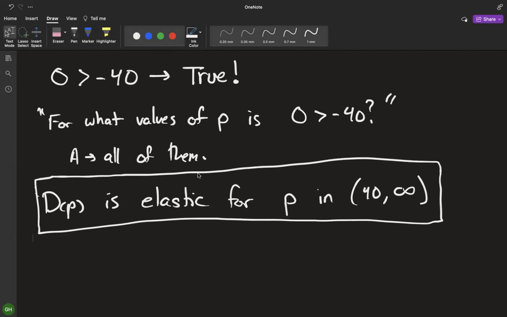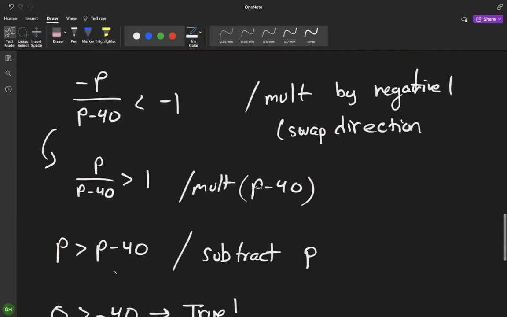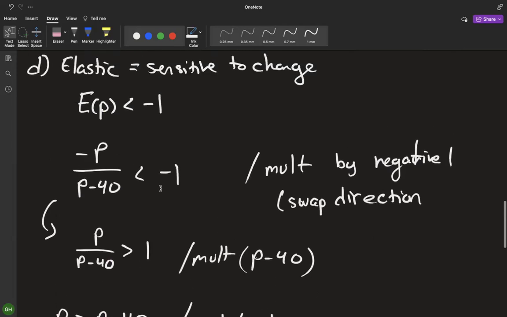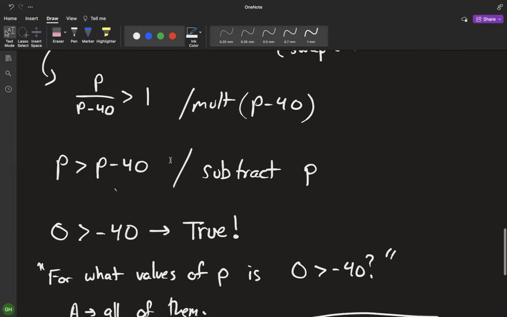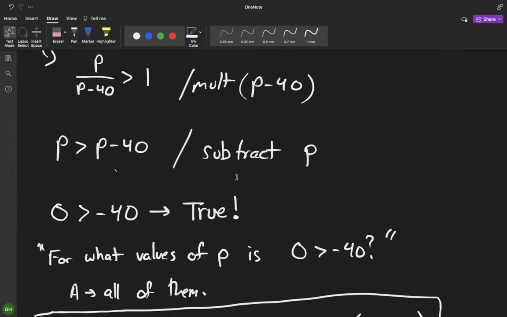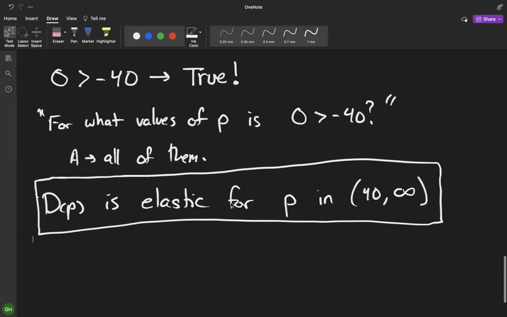Whenever we're asking if the demand is elastic or inelastic, I just want to set the elasticity less than or greater than negative 1 and then solve that for P. In this case, we get P canceling out, but that's still fine because we get a true statement. If the sign was reversed, if we saw that 0 was less than negative 40, then that's always false, meaning that the demand is never elastic. It would be inelastic for P in 40 to infinity.